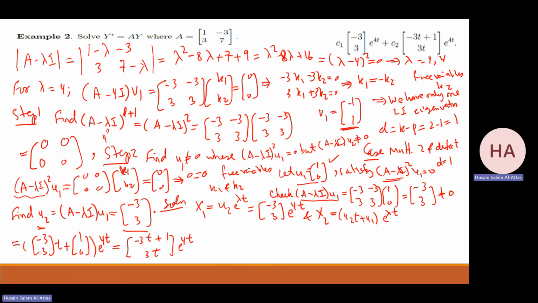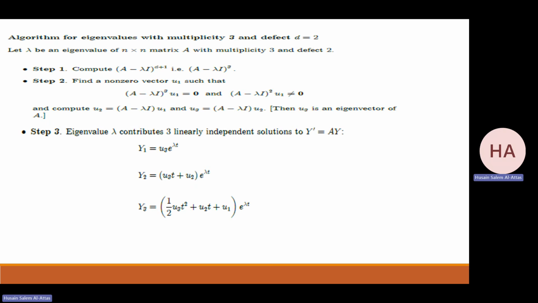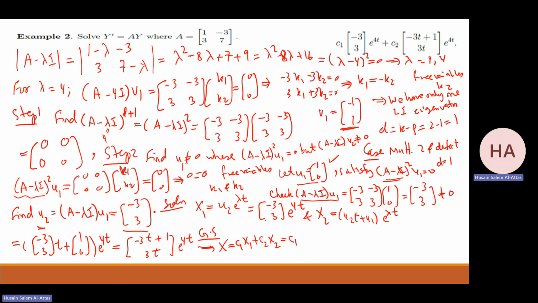That's it. So my general solution, x, will be c1 x1 plus c2 x2, and that equals c1 times x1, x1 is this one, put it there, plus c2 times x2, this is x2.